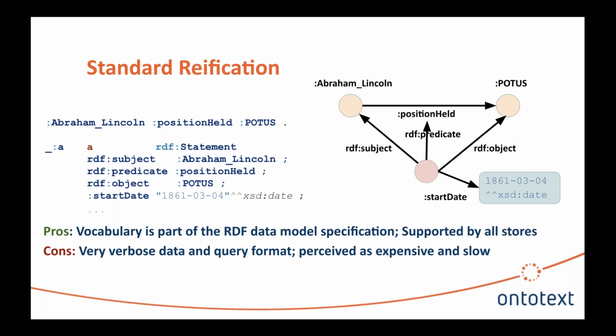The semantic meaning is that we create a new object which points to Abraham Lincoln as subject, position held as predicate, and POTUS as object. Basically, we create a new type of entity by describing the subject, predicate, and object. And for this new blank node, now we can attach the start date and all the arguments of the relation. So yeah, obviously the biggest benefit of this approach is that it's as old as the RDF 1.0 standard.